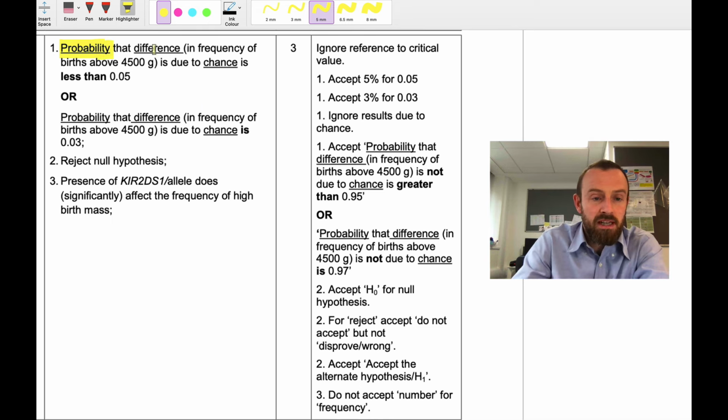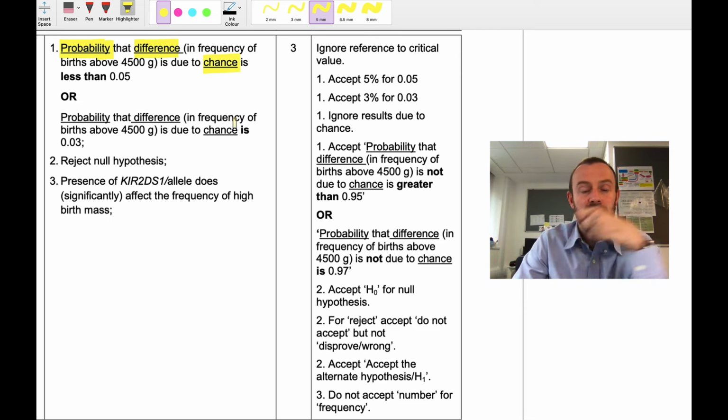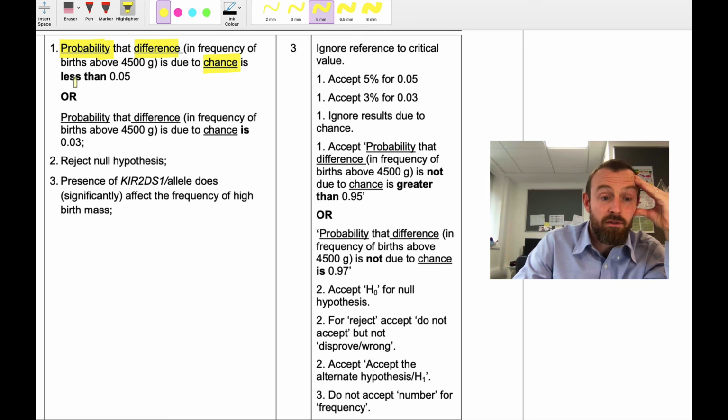There are 3 underlined things here. The probability that the difference is due to chance is less than 0.05. Or you could say the probability that the difference is due to chance is 0.03. So therefore we reject the null hypothesis, and the allele does affect the frequency of high birth mass.